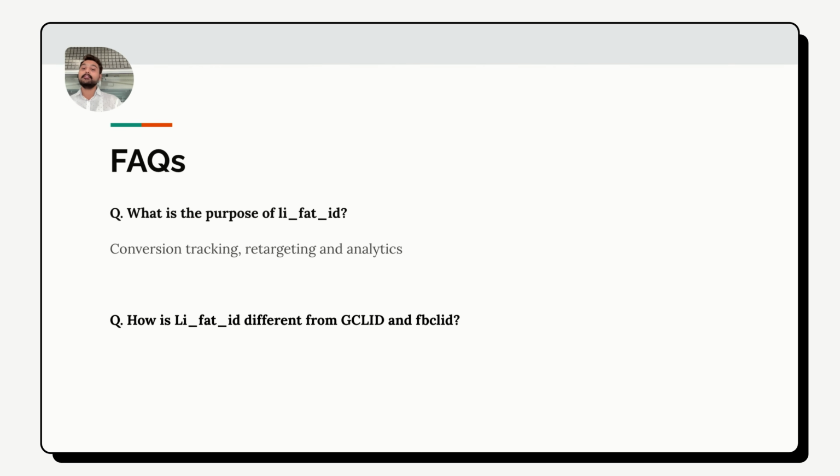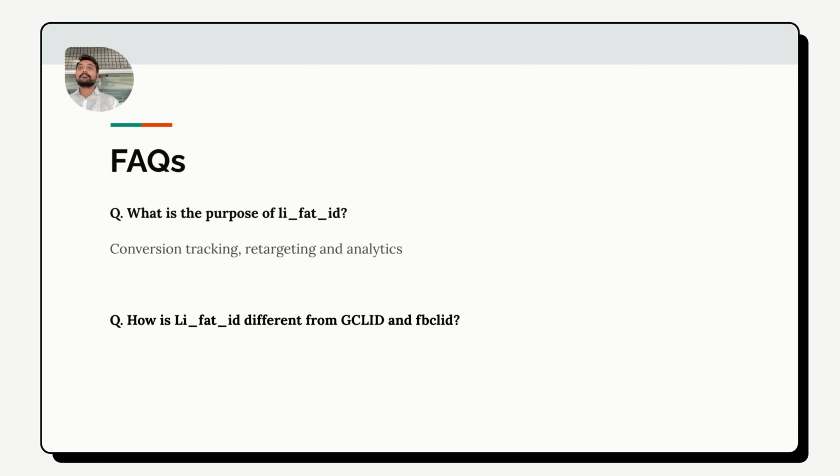Whereas LFAT ID does not change with each click. It is constant for a user. So the cookie stored on the browser has one unique ID for each user. Therefore, it is far better, which gives you lifetime tracking of a user.